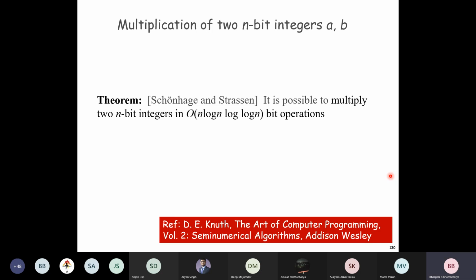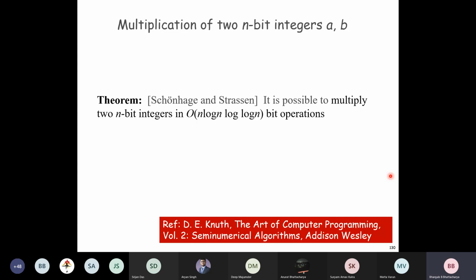This is the power of divide and conquer, and the power of using a simple algebraic manipulation that reduces the complexity of the recurrence. So it's a very interesting algorithm, not only in the history of computer hardware, but also in the history of algorithms.